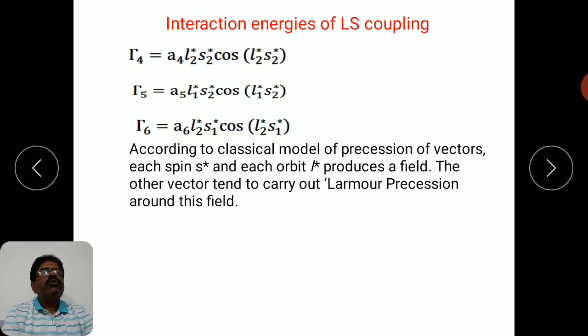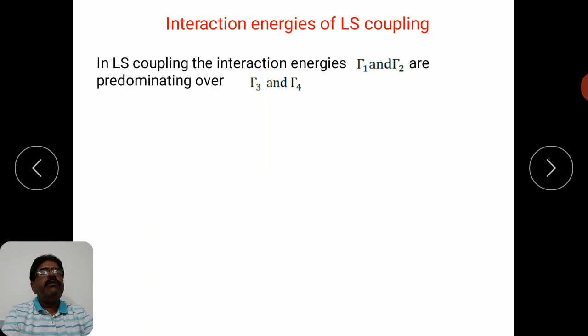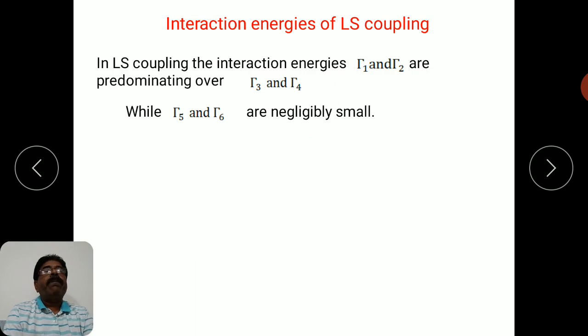Okay, so let us come to our current point of discussion. In the LS coupling, of the interaction energy terms, gamma 1 and gamma 2 are predominating over gamma 3 and gamma 4. That means the rate of precession for those vectors involved in gamma 1 and gamma 2 must be higher, dominating over gamma 3 and gamma 4.